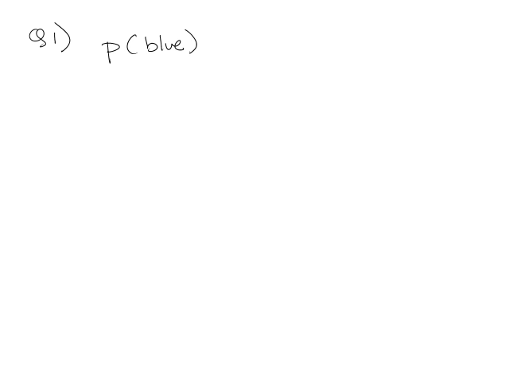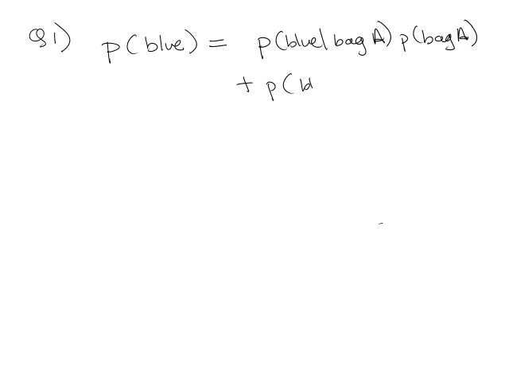Well, I don't know that, but I know the conditional probability of blue given bag A or given bag B. So what I'm going to do is use the law of total probability to break this into these conditional probabilities. So it's the probability of seeing blue given bag A times the probability of bag A plus the probability of seeing blue given bag B times the probability of bag B. This is by law of total probability.